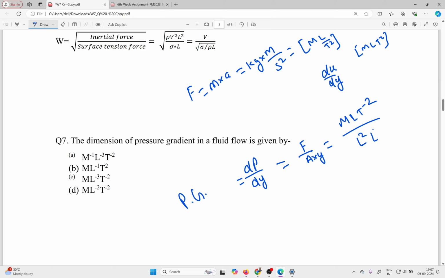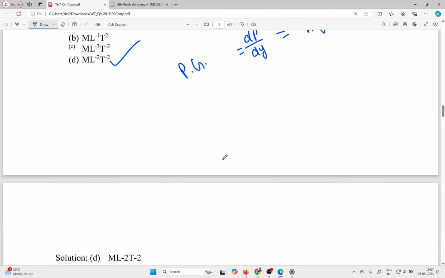L cancels out. So M L minus 2 T minus 2 will be written. The dimension of pressure gradient is nothing but M L minus 2 T minus 2. Option D will be correct for question number 7.